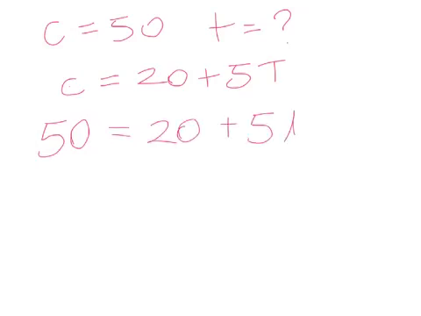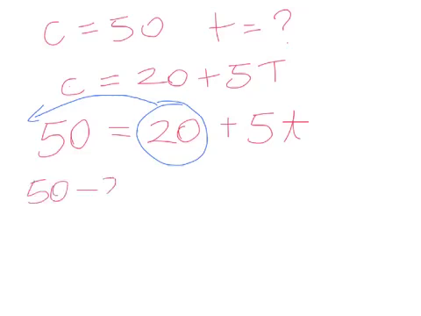We don't know what T is, so we leave it as 5T. Now we do our equation solving. So we take the 20 over to the other side of the equation, and it becomes 50 minus 20 equal to 5T, which becomes 30.